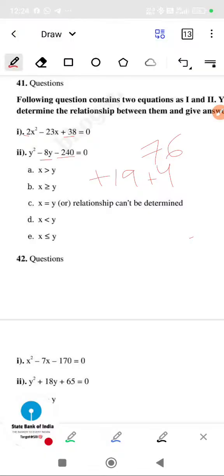So the roots for this one will be 20, 12 times. So the difference between these two we get 8. So minus and minus means plus and minus are the root signs.